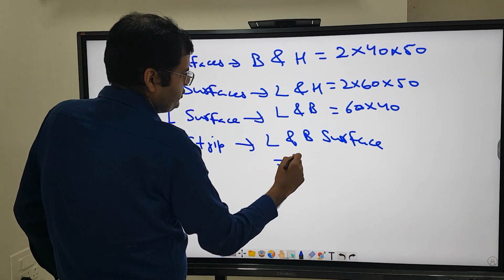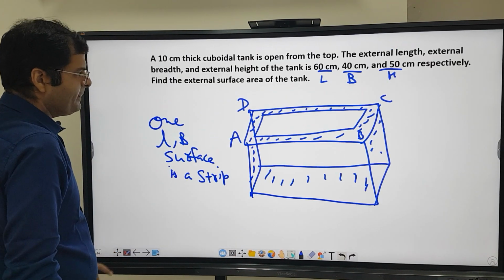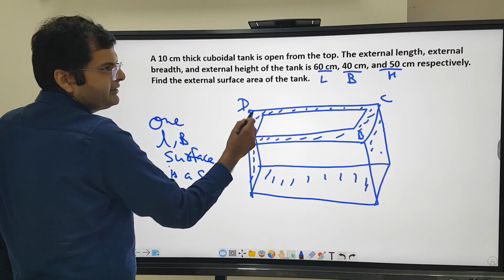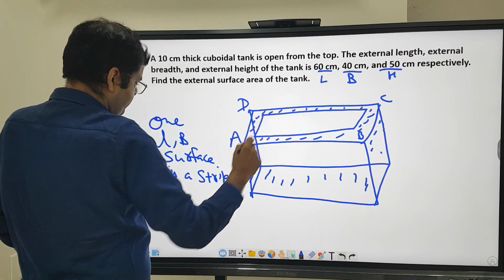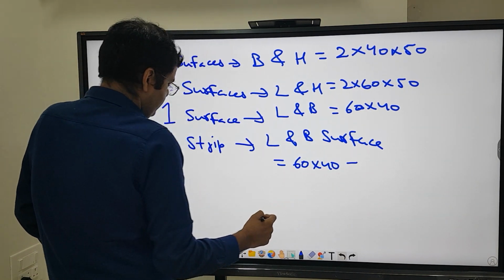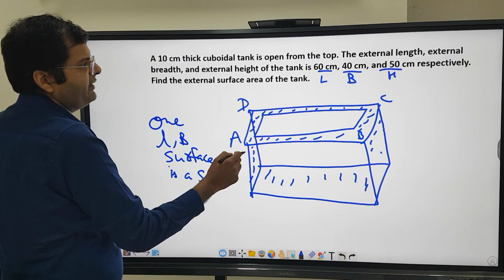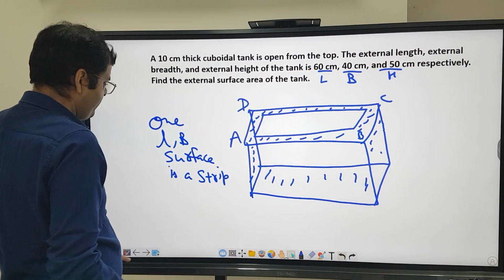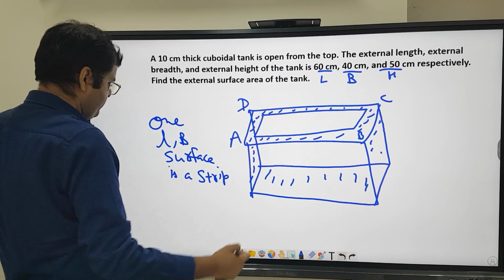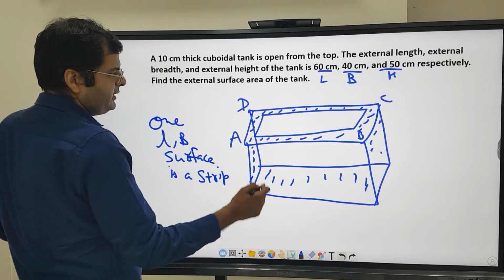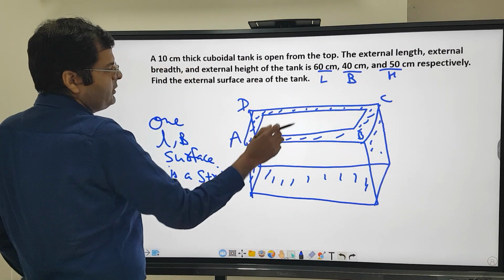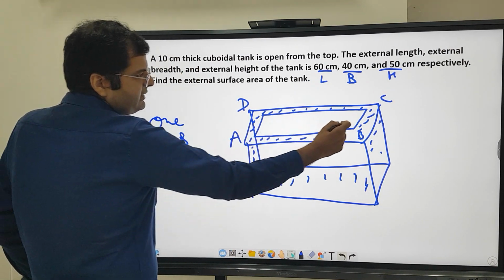And finally 1 strip. The strip area will be the area of the external length breadth minus the area of the internal length breadth. So external length breadth is 60 into 40 minus internal length breadth. The thickness is 10, and it is there on both sides, so internal length will be 60 minus 20, because 10 is deducted for this length and 10 for that length.